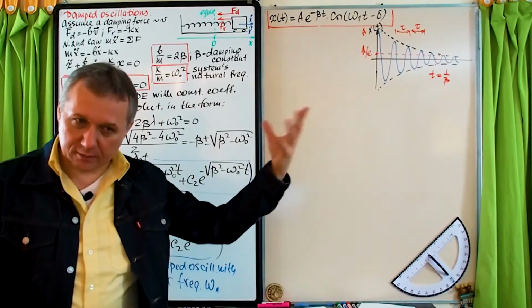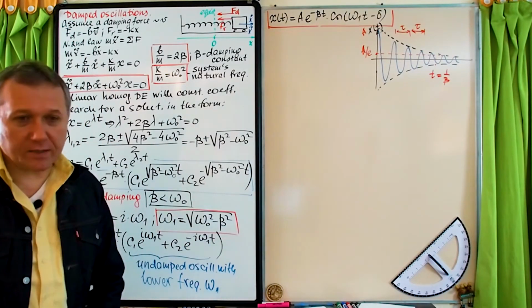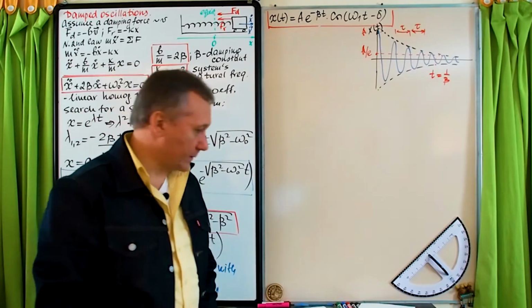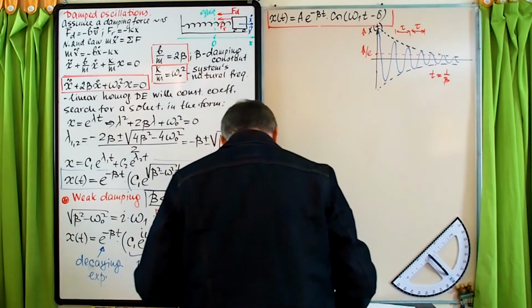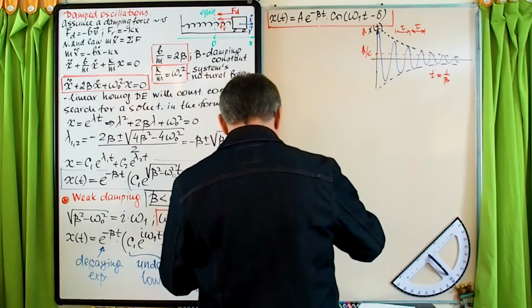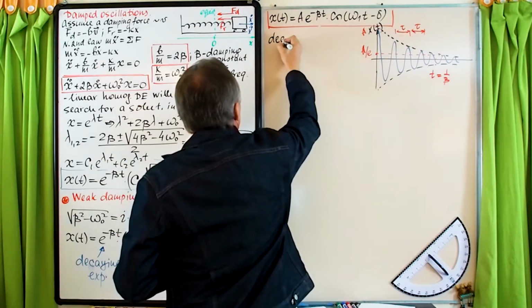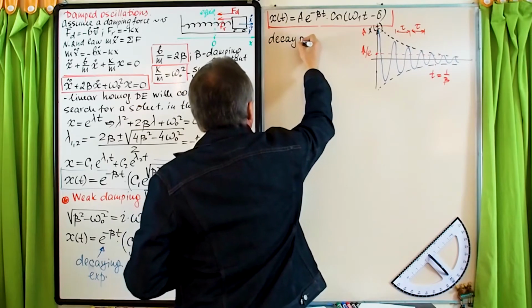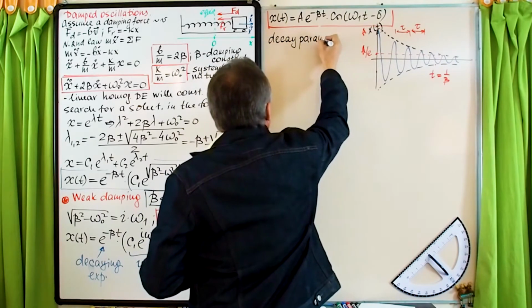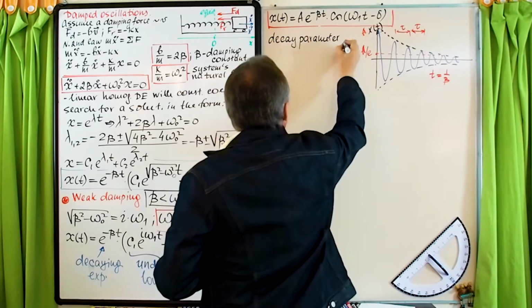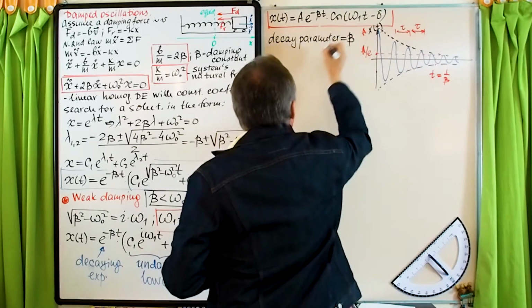But for different cases, the decay parameter will be different. So in this case, I can write the decay parameter equals beta.